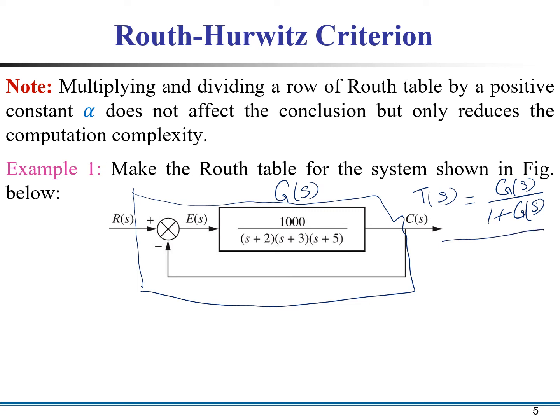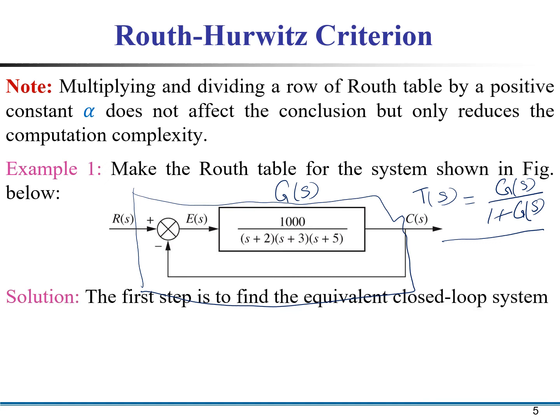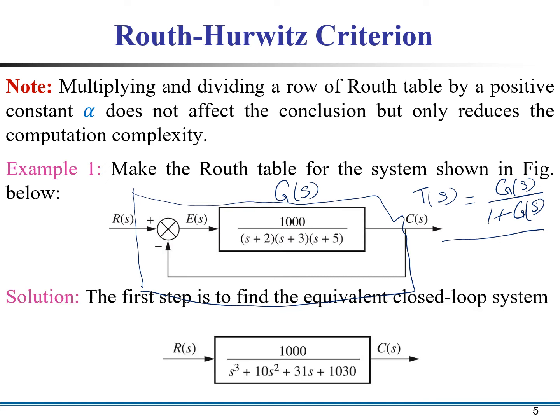So then the closed loop transfer function will look like this, and here now we want to determine the number of poles in the right half S plane.